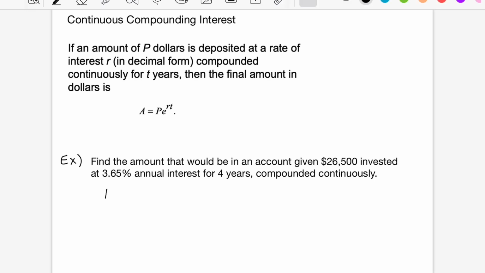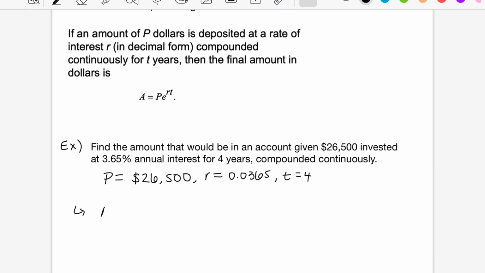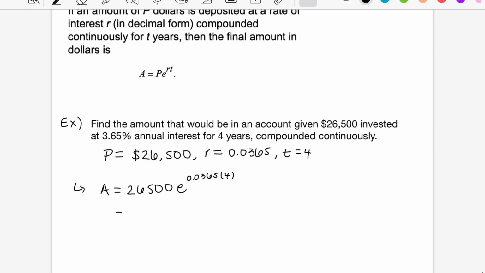So in this case, our P is going to be this guy here. Our rate, we're given 3.65%, but remember we need to write this as a decimal. So this will be this here. And then we know that T is going to be 4 years. So plugging all of this into our formula above, we'll get this here.